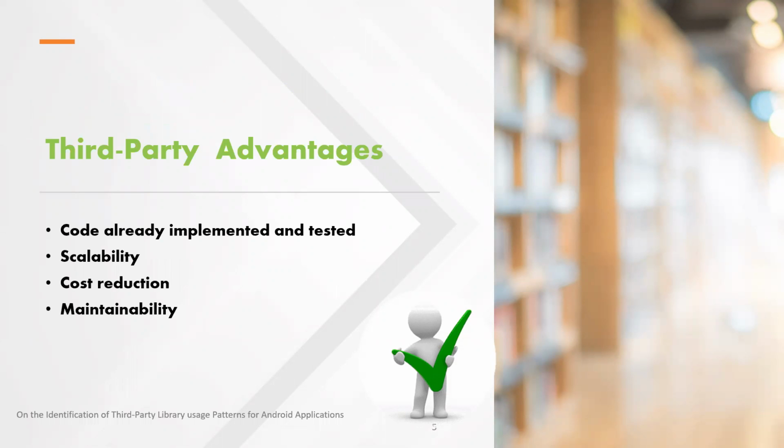It makes it easy to add new features, since in a library you can have several basic functions like online payment, chat service, calendar management, and authentication. Cost reduction: the programming time is reduced. There are a lot of free open source libraries, and the maintainability is better because of the documentation and the experience of developers with libraries.